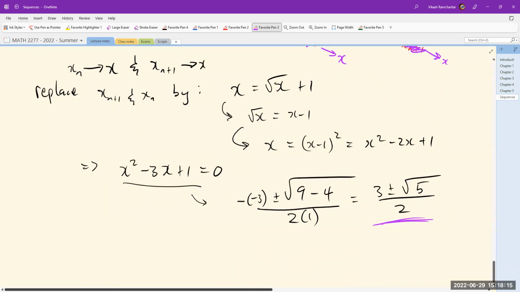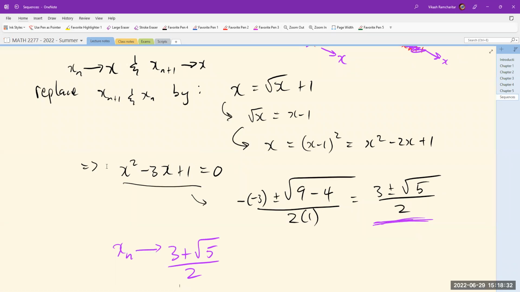I suspect one of these is going to give you a negative number, so you could throw away that one. So I think this sequence converges to 3 plus root 5 over 2. If you work that out on a calculator, you'll be able to see that.